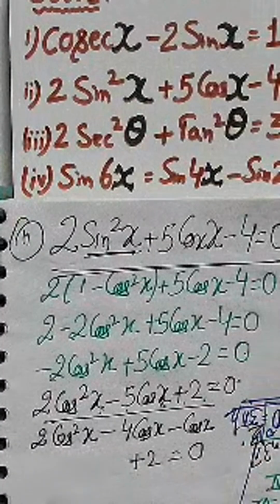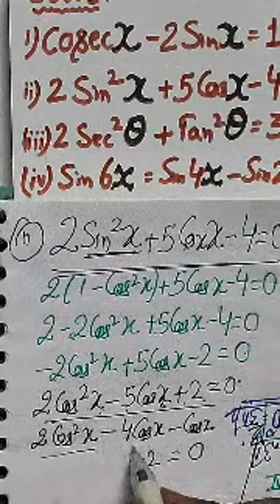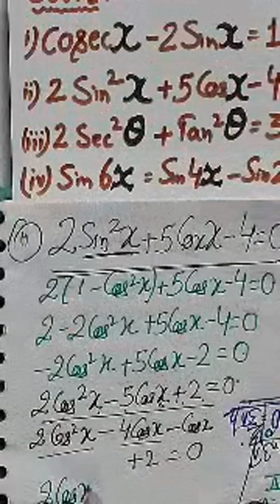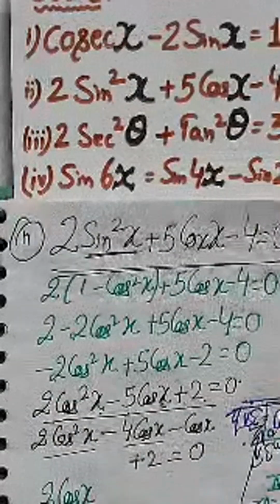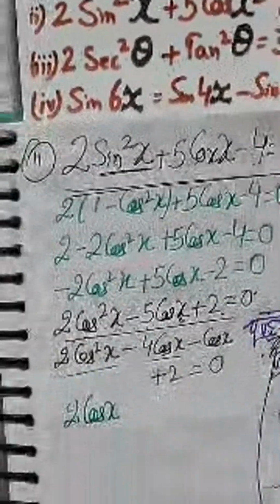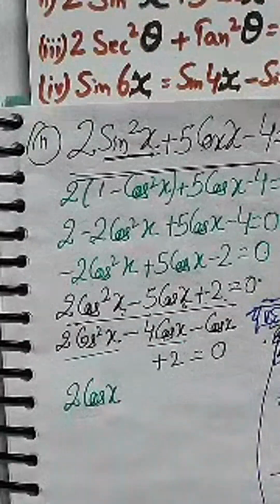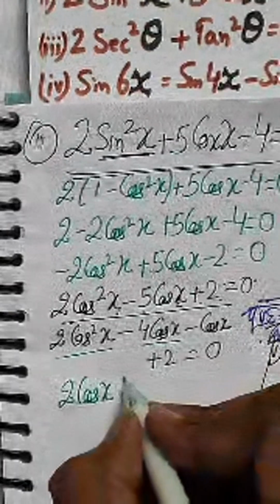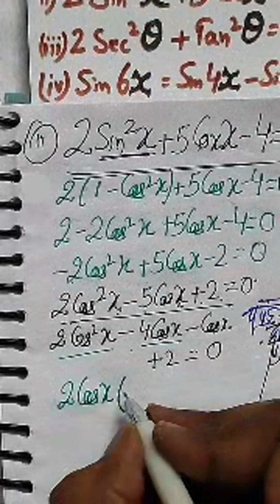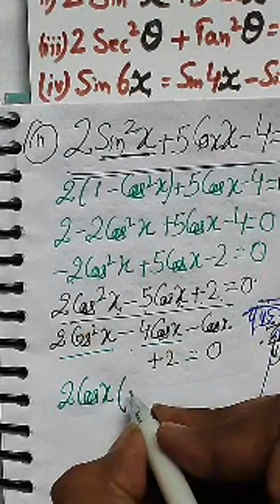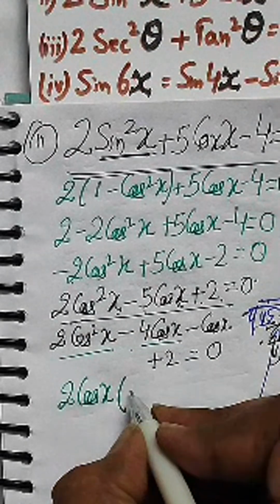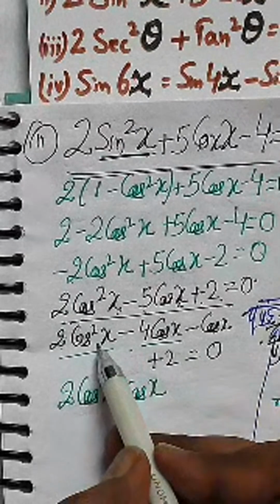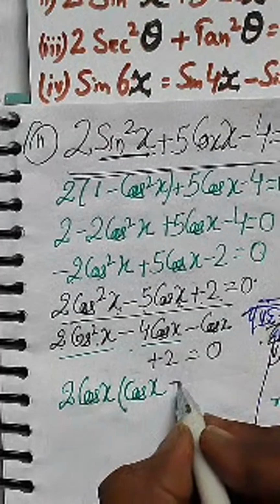When 2 cos x is taken common from the first two terms, inside the bracket we are left with only cos x minus 2.